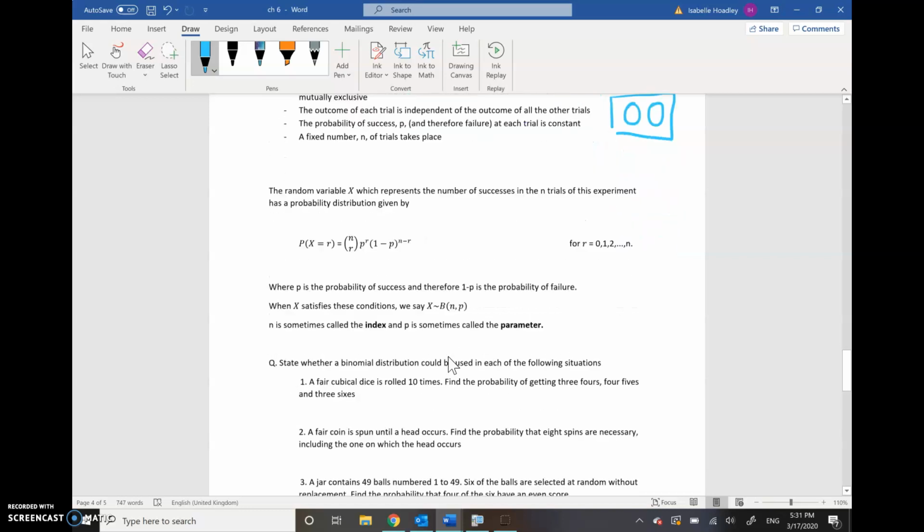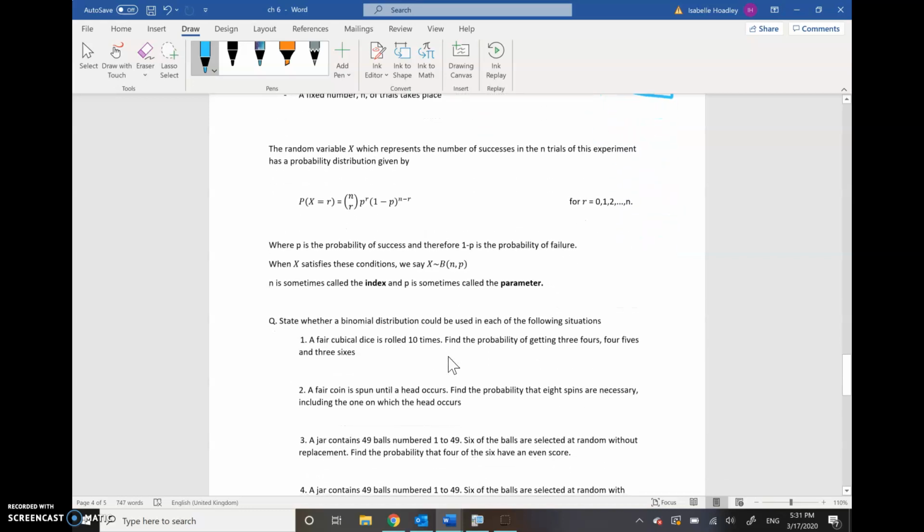The random variable X, which represents the number of successes in the trials in this experiment, has a probability distribution given by, and again, this is just expanding on that Pascal's triangle theorem. This is your n choose r. Remember, that's your nCr button on your calculator. That's what you can use to find the combinations. So it's your number of combinations times the probability of success times the probability of failure.